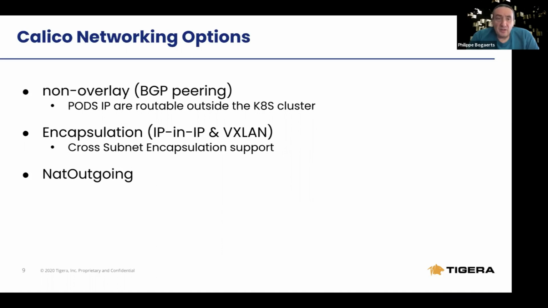When we're using the non-overlay or the IP-in-IP way of connecting nodes, we are using BGP. That means that Calico nodes are exchanging IP routes, BGP routes, to make sure that, in the case of Calico, every node knows about which block of IP addresses is sitting on which node. Okay, so keep that in mind.